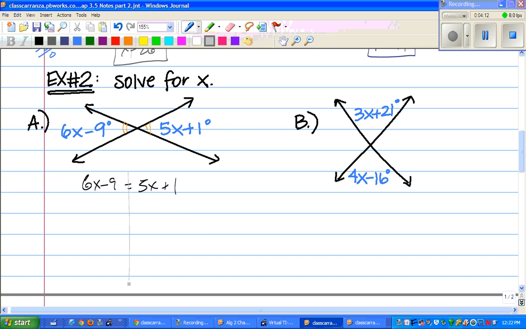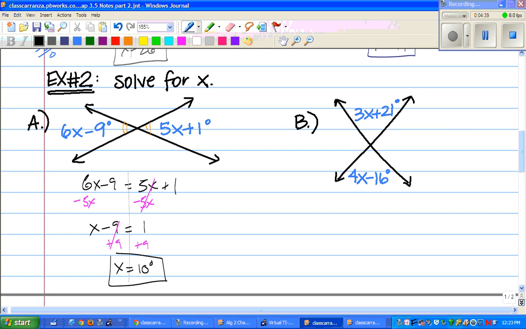Now, when we're solving these types of questions, we want the variable on one side. So I'm going to subtract the smaller variable. 6x minus x is x. So x minus 9 equals 1. The x is not by itself yet. And we get x equals 10, and that's 10 degrees.